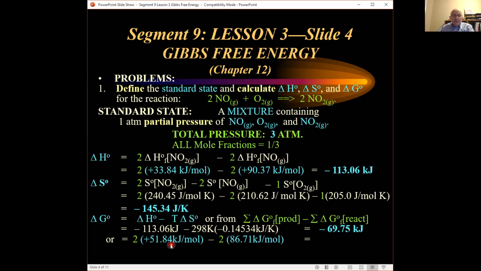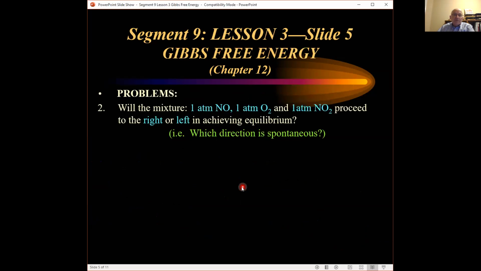That's going to be for the NO2, minus twice the 86.71 kilojoules per mole for the NO. Notice there is no delta G of formation of oxygen. It's in its element. It's in its standard state. So I get minus 69.74. Well, that's pretty close agreement. I wouldn't expect that to be happening often.